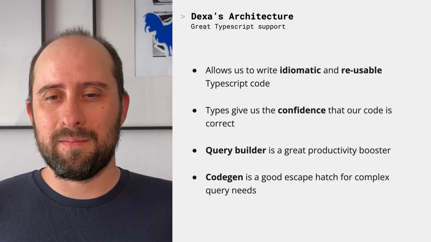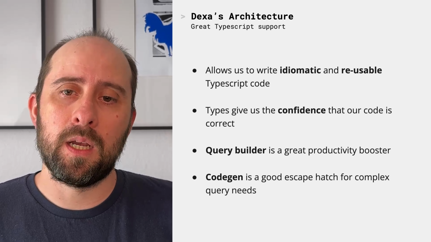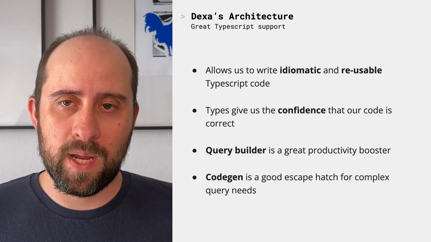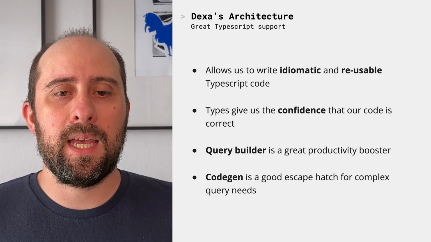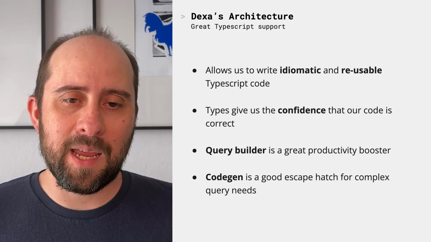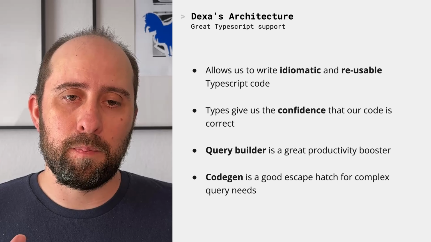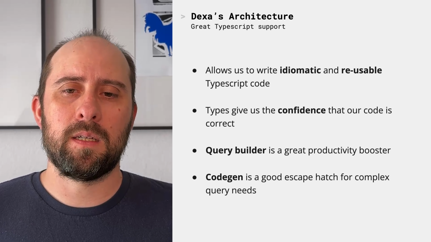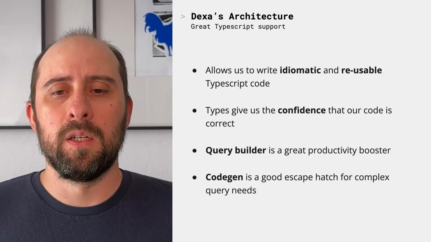We have a model type package that centralizes all the interactions that we have with EdgeDB, and the combination of types in EdgeDB plus TypeScript just gives us high-level confidence that our code is correct. The refactors are much safer because we know exactly what's expected. And we mainly use the query builder for that.